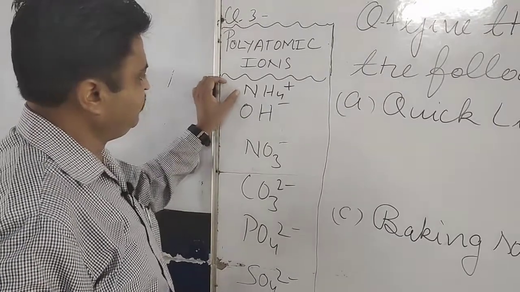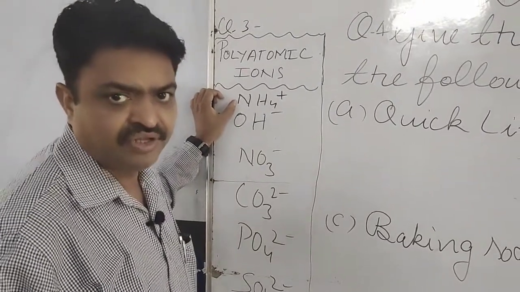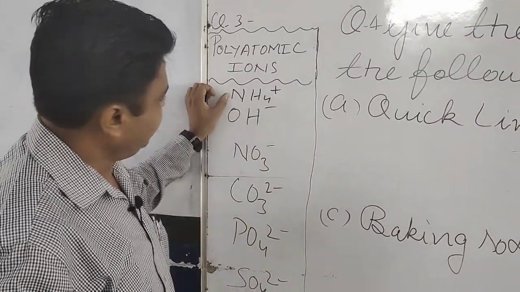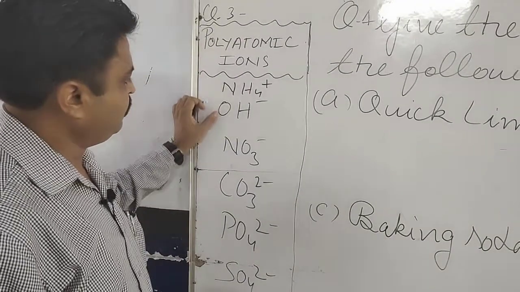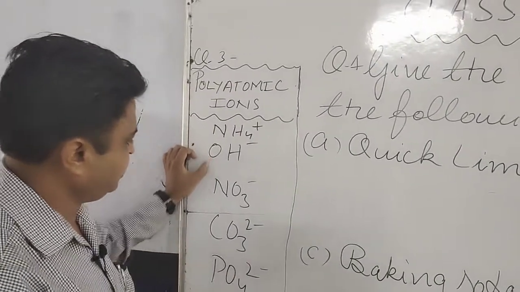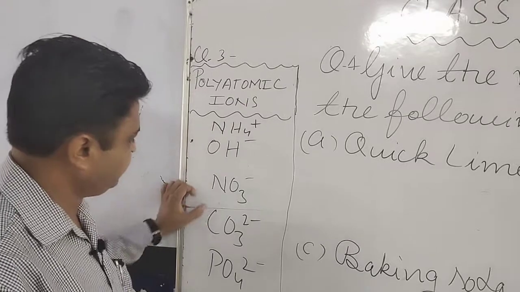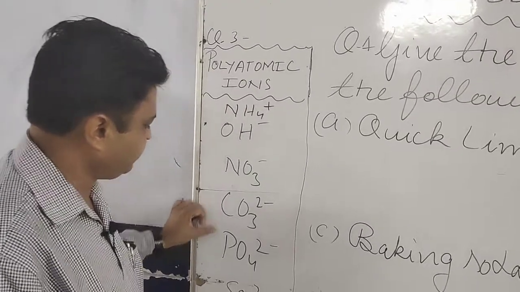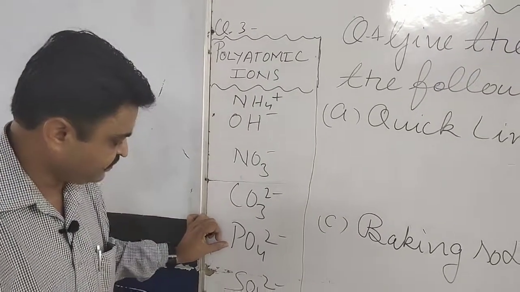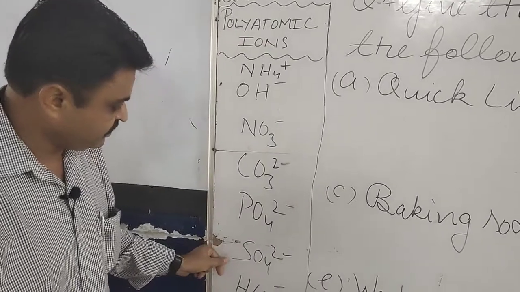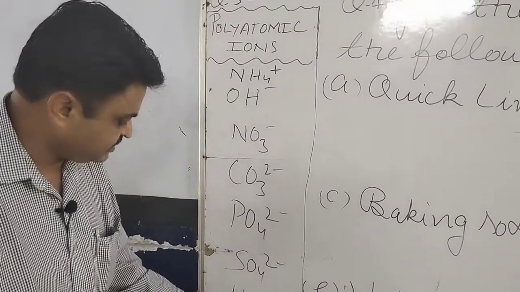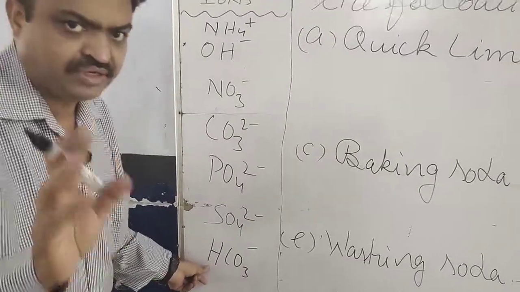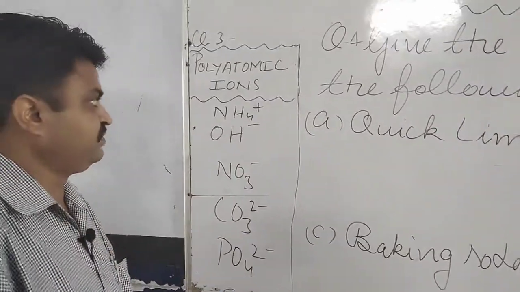And what is the name of this? It is ammonium. So NH4 for ammonium, OH for hydroxide, NO3 for nitrate, CO3 for carbonate, PO4 for phosphate, SO4 for sulfate and HCO3 for hydrogen carbonate student.